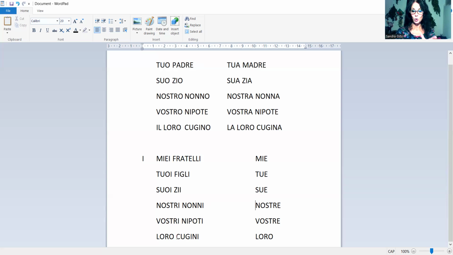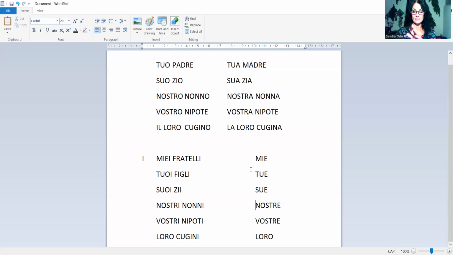And then I loro cugini, so loro, in fact, does not change, so it stays exactly the same here. And it is the only one that always has the article in front.